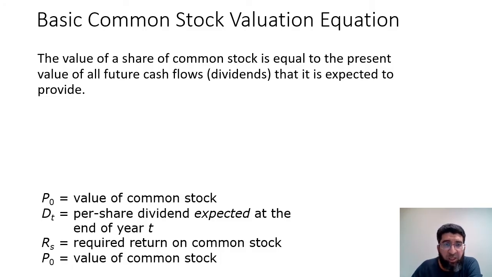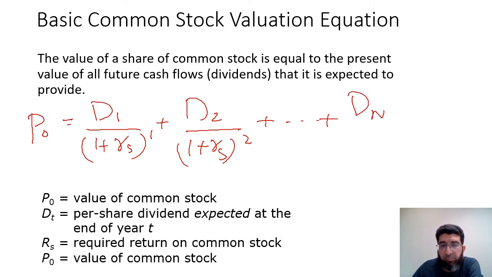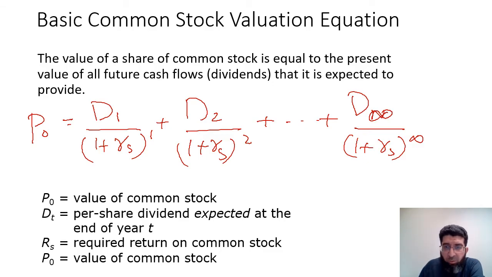We already know the discounted cash flow model, but I'll write it here in the common stock nomenclature, which is P naught equals to... So here we know that the price is equal to the value of common stock. If you remember, in bonds, we had this as the price of the bond.